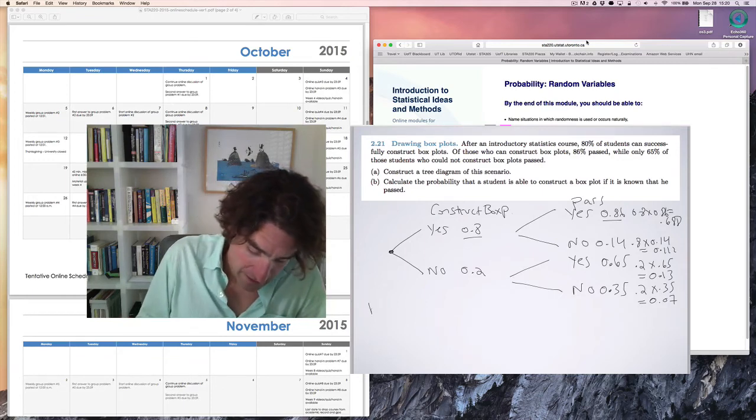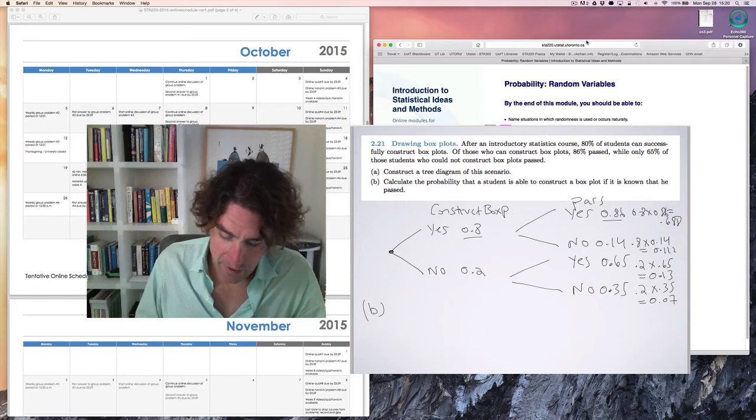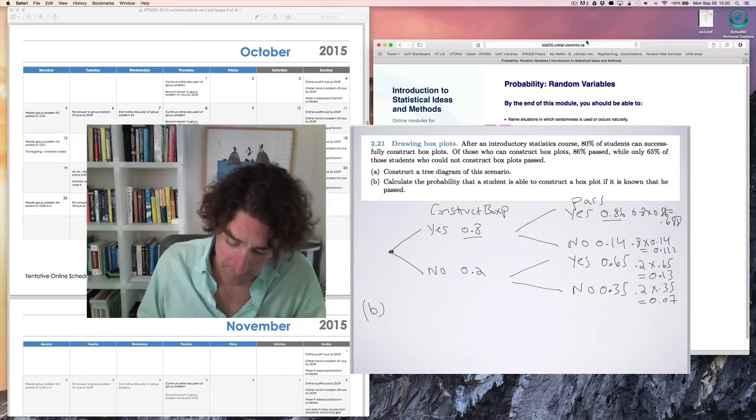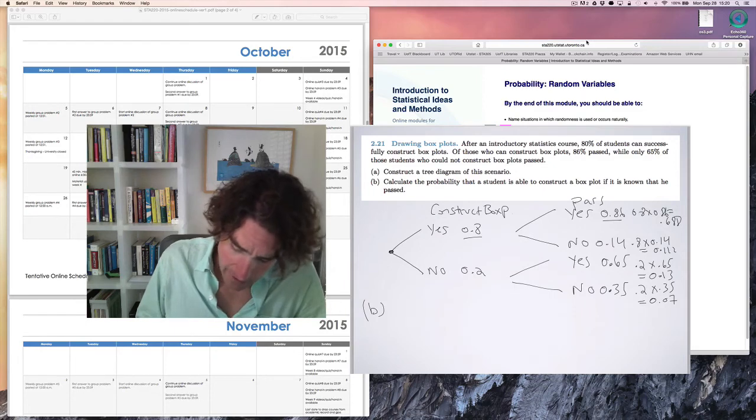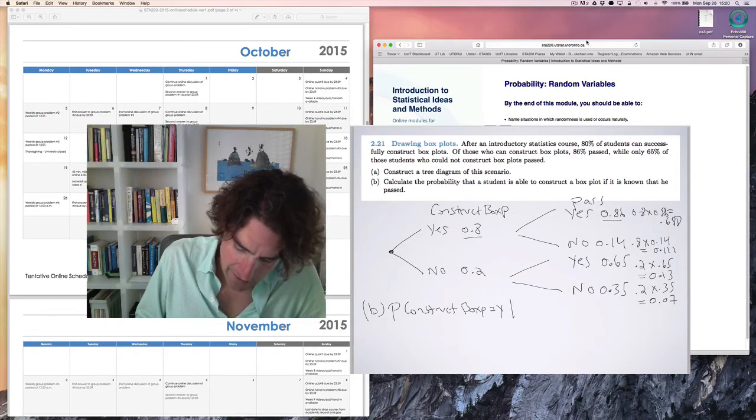Now for part B, it says calculate the probability that a student is able to construct a box plot if it is known that he passed. Well, that's the probability of constructing a box plot equal to yes, given that pass is equal to yes.